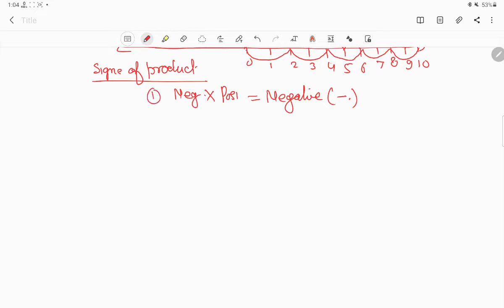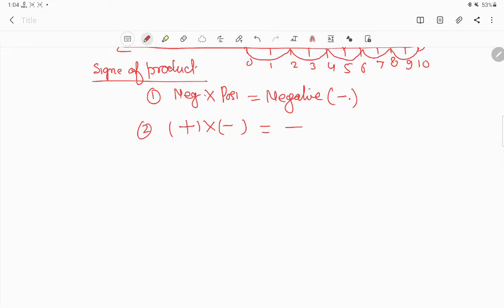Similarly, if you multiply positive sign with negative sign, the result sign is also negative.